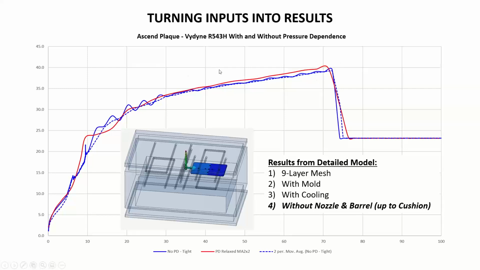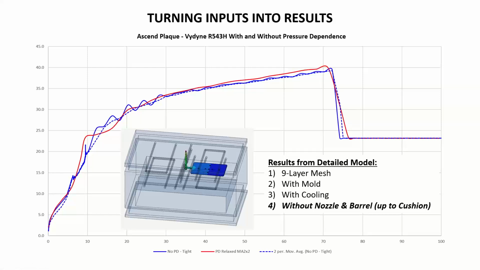What do I mean by pressure dependence? It is that in my viscosity, I have a term to include pressure dependence of viscosity when I calculate the pressure drop as I'm going into the part. So with pressure dependence, right? As my material compresses, it becomes a little more viscous. Kind of makes sense, right?